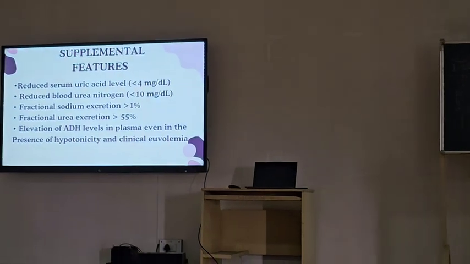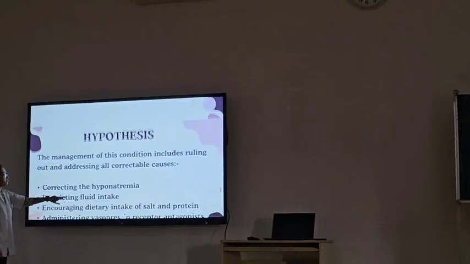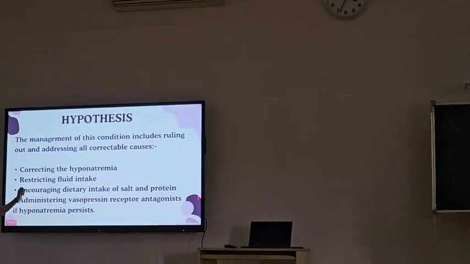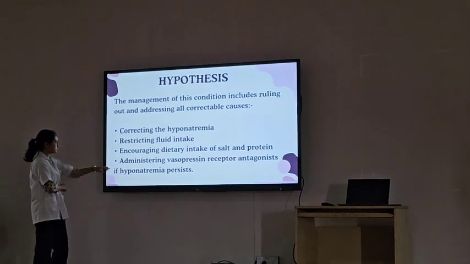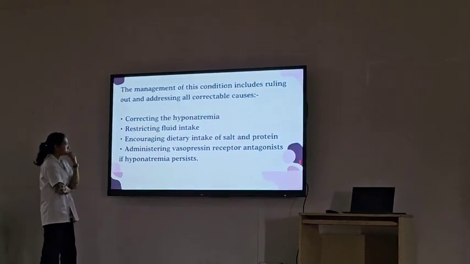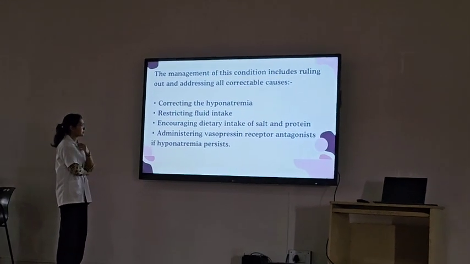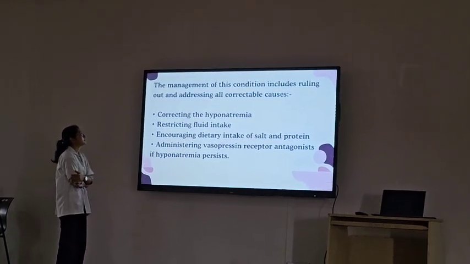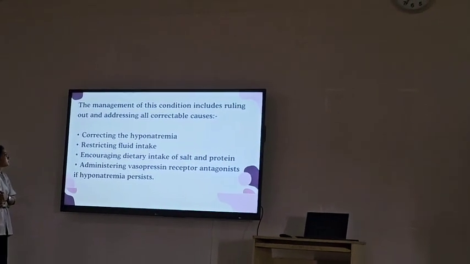Management of SIAD includes ruling out and addressing all the correctable causes, like correcting hyponatremia, restricting fluid intake, encouraging dietary intake of sodium and protein, and administering vasopressin receptor antagonists if hyponatremia persists.